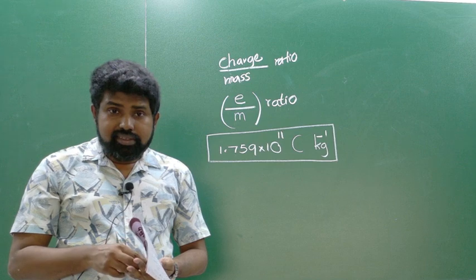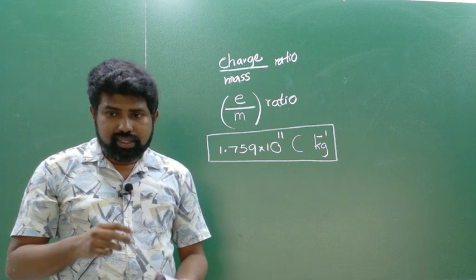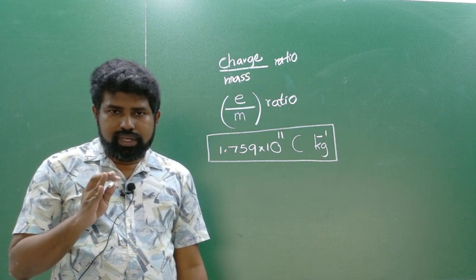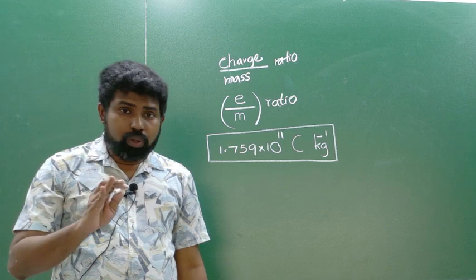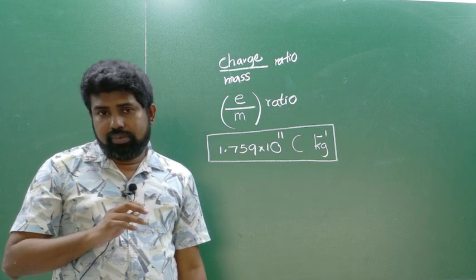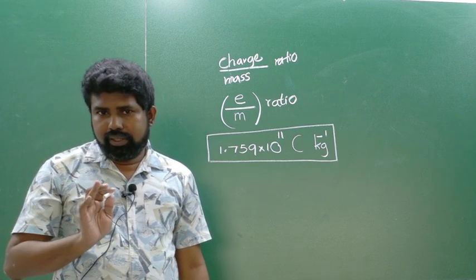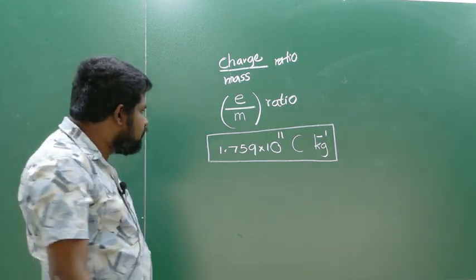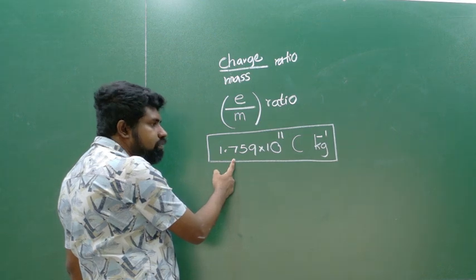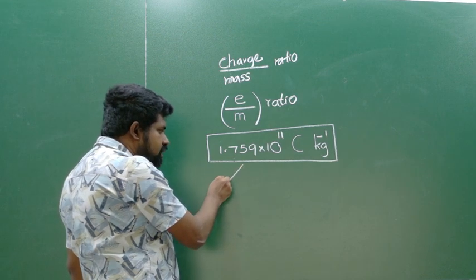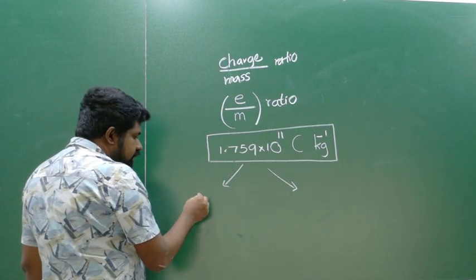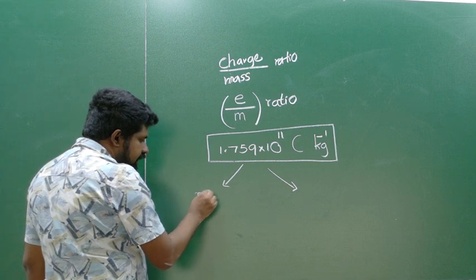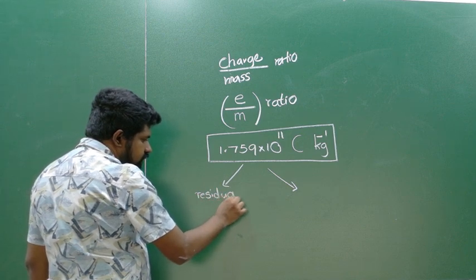Then the next part is very interesting. This was found by Thomson using his experiment, and then he thought to do some other experiments to find whether this value changes with the residual gas inside the cathode ray tube.